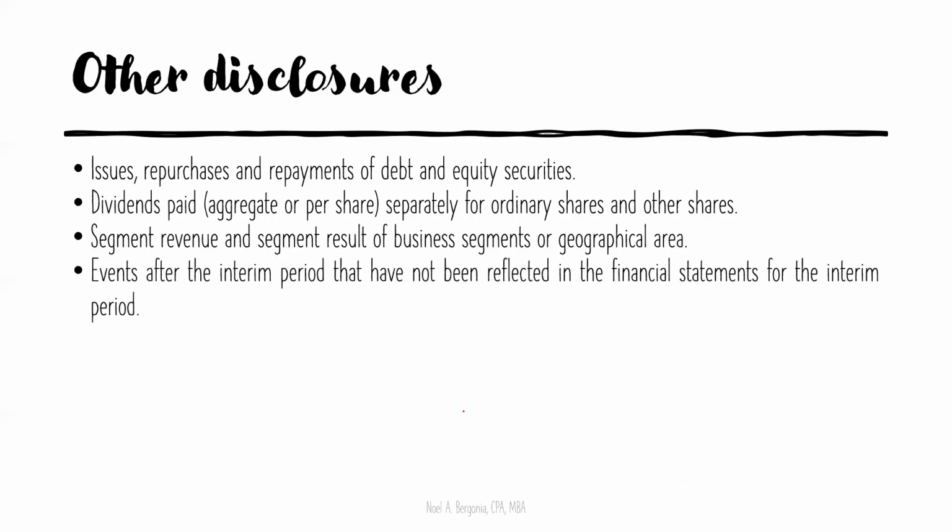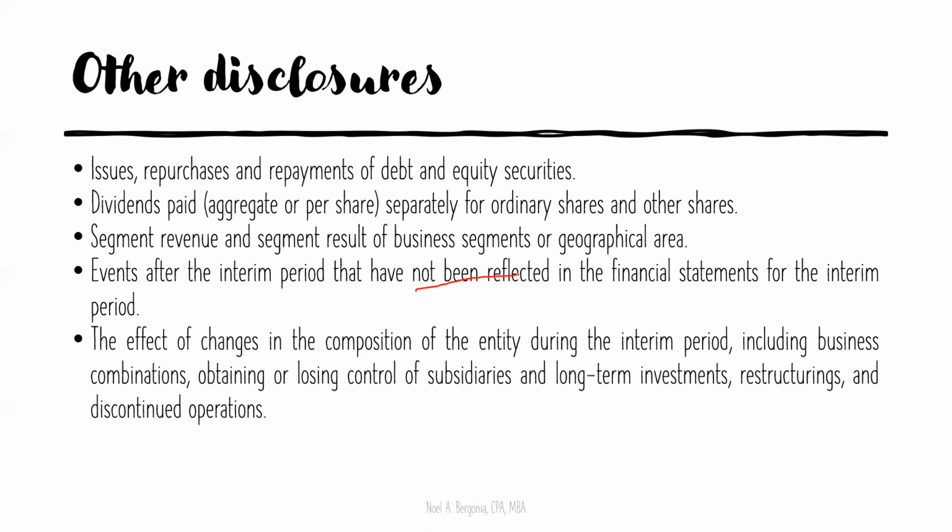Then we also have the events after the interim period that are not reflected in our financial statements, and the changes in the composition of the entity during the period, including business combinations and loss of control.